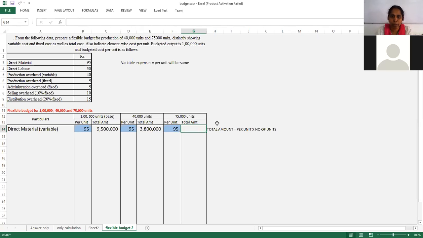And here also per unit is 95 rupees, and for 75,000 units it is 71 lakhs 25,000. So for 40,000 units it is 38 lakhs and for 75,000 units it is 71 lakhs 25,000.